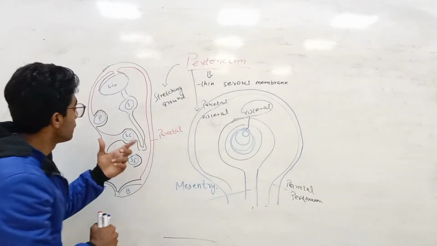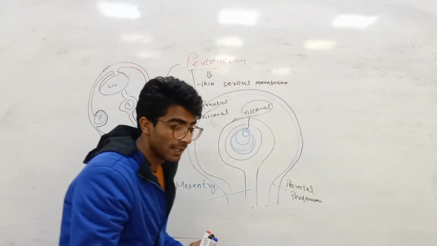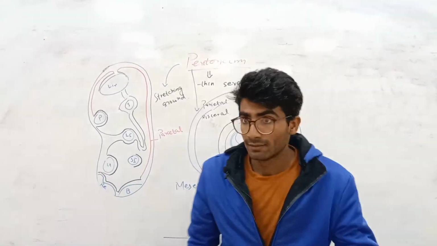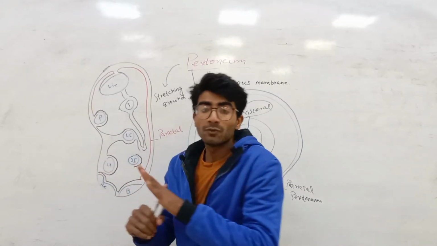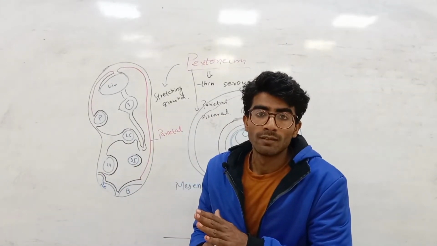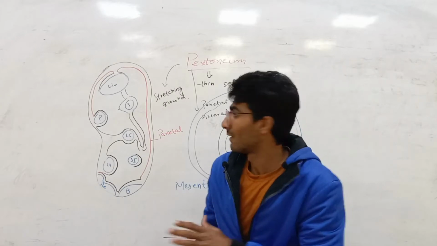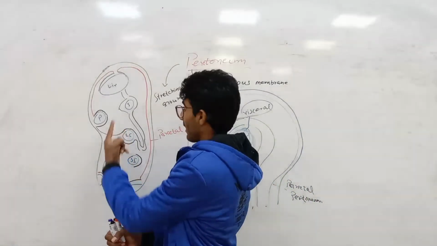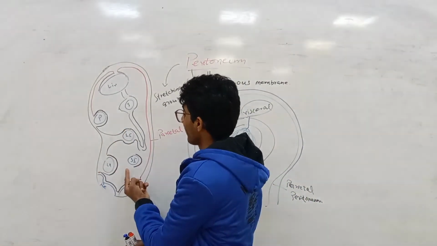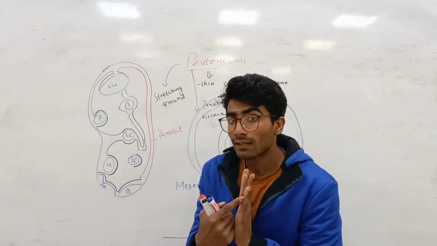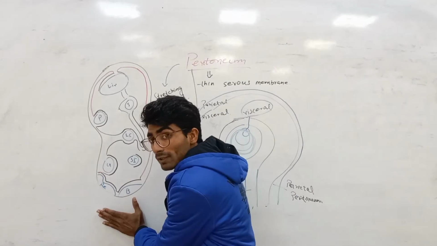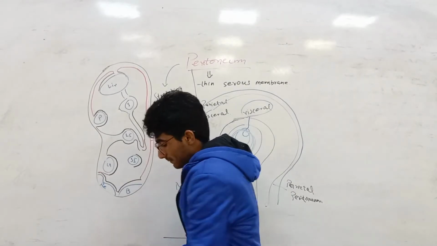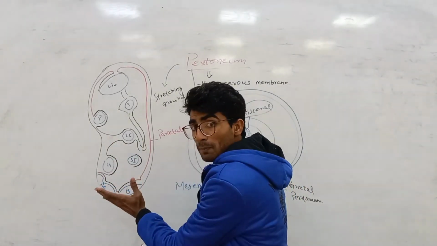And if you come to our point, the sac, because it's also a sac, we have two sacs: greater sac and lesser sac. This region is the lesser sac, and this region is the greater sac. The lesser sac is connected with the stomach, and the greater sac goes down toward the pelvis. This is the structure of peritoneum.